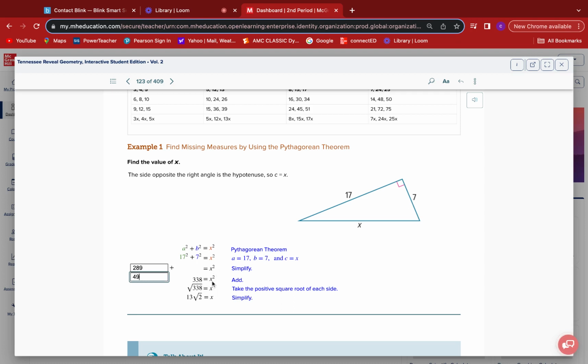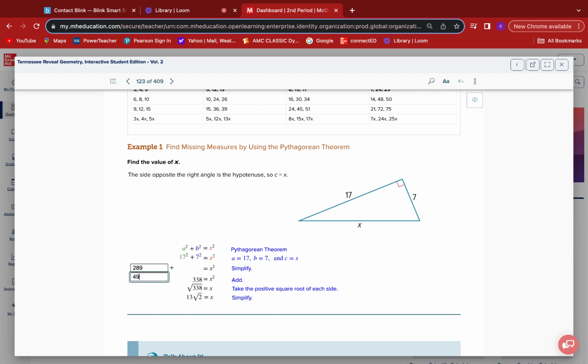Now, don't forget, the opposite of adding is to subtract and the opposite of multiplying is dividing, so the opposite of squaring is to square root the 338. If you're a brand new teacher, you definitely want to teach your students how to break down a radical for the ACT. Basically, you're doing what's called a factor tree, looking for numbers that multiply to get 338, but one of them needs to be a square rootable number.